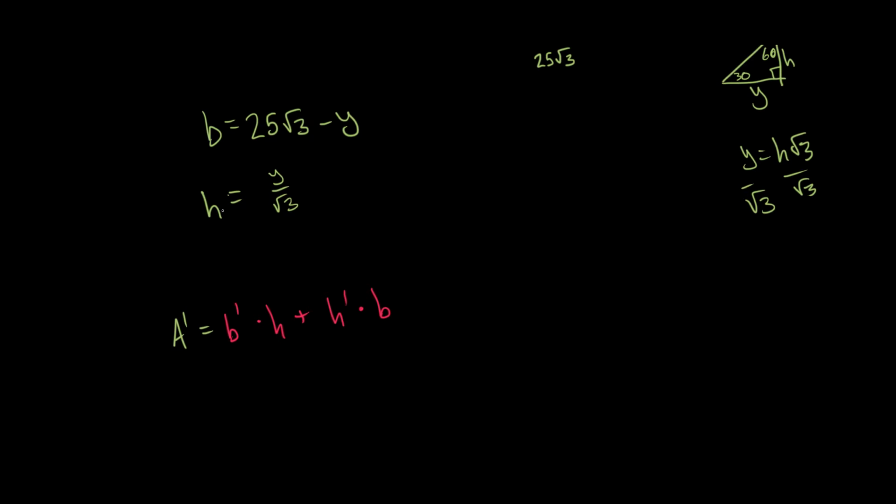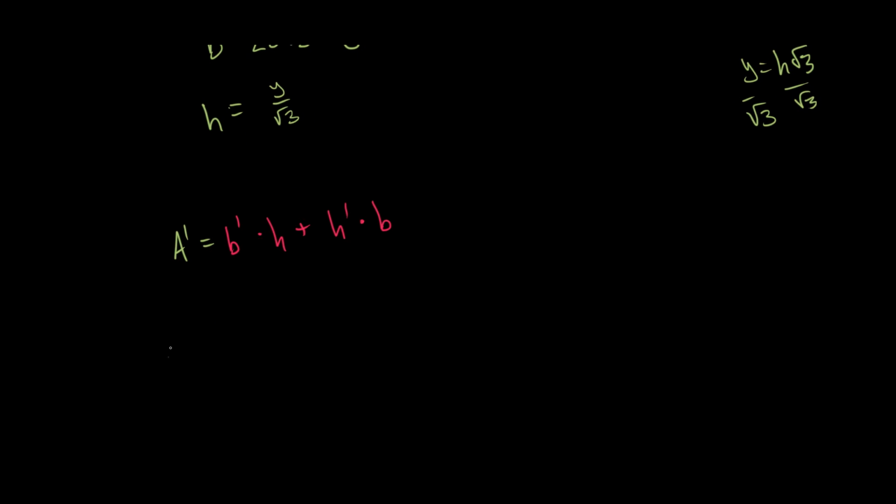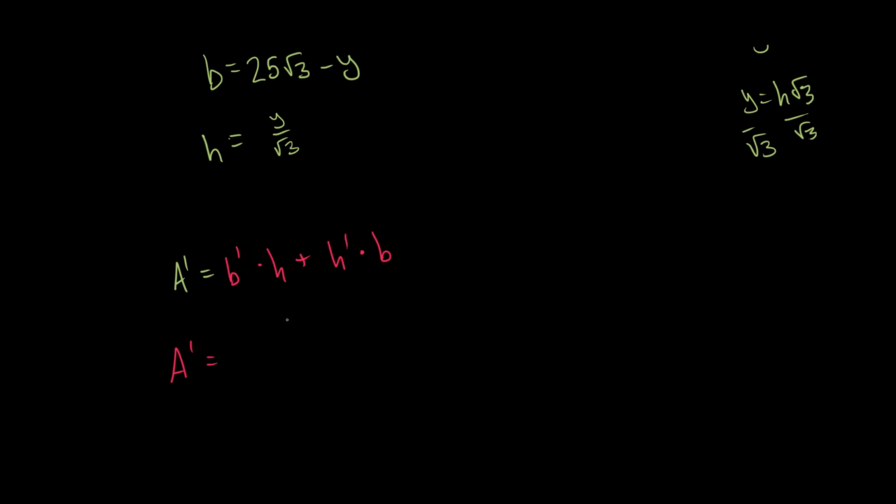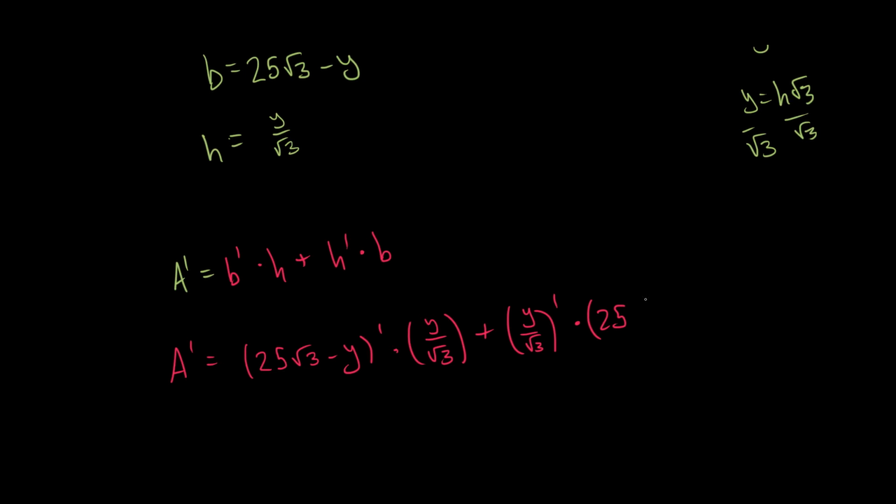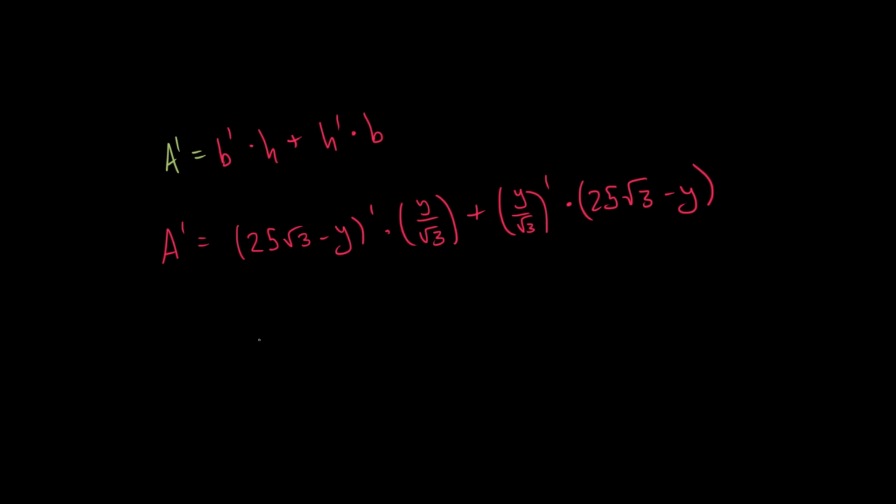Now let's fill in what we know for B and H. So we get A prime is equal to B prime, which is 25 root 3 minus Y, prime, times Y over root 3, plus Y over root 3, prime, times 25 root 3 minus Y. Awesome.